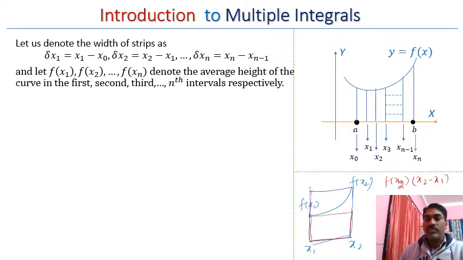You can understand that if you take the value of f(x) at the initial point of the interval, the area is too small. If you take the value at the final point, f(x2), the area is too much. If you take an average value, it will lie somewhere in between. For understanding, I name this average point zeta, so f(zeta) is the average value.